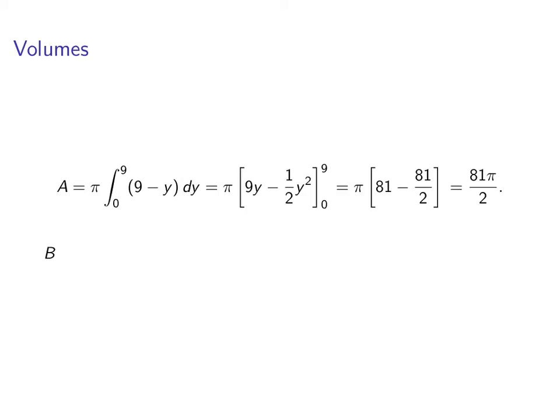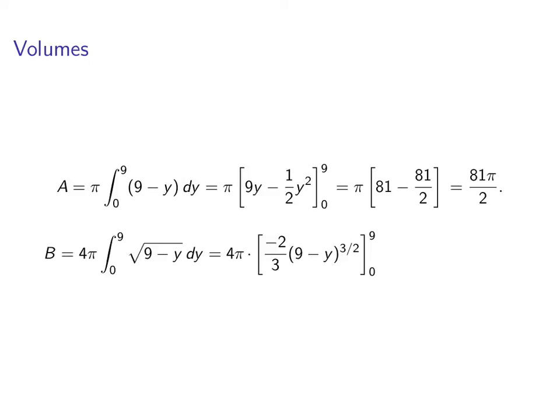B is a little trickier. 4 pi times the integral from 0 to 9 of the square root of 9 minus y dy. If you anti-differentiate this, you get 4 pi out in front, times minus 2/3 times 9 minus y to the 3/2, evaluated from 0 to 9. You might reasonably ask, what is the deal with that minus sign?